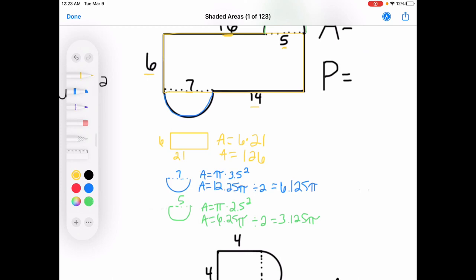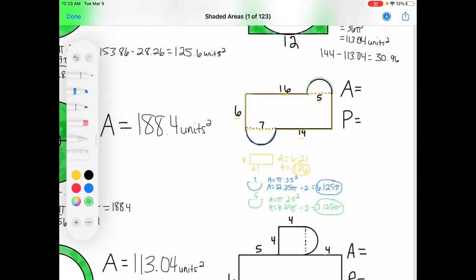So I have 126 and then I have 6.125 times pi and 3.125 times pi. So I need to combine each of these. So first I'm going to combine my pi terms.